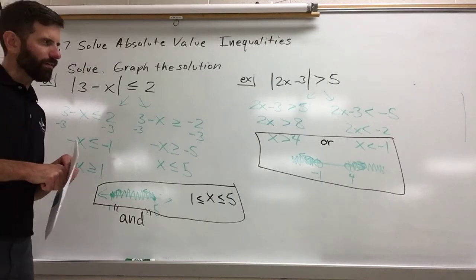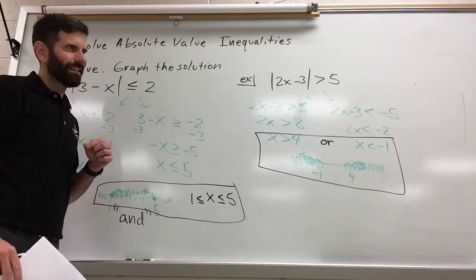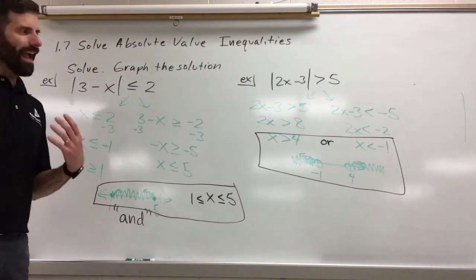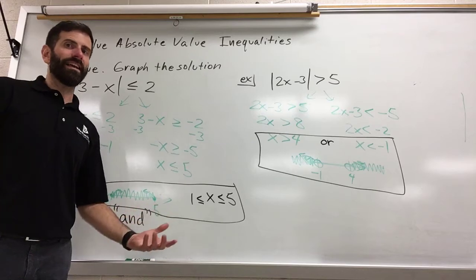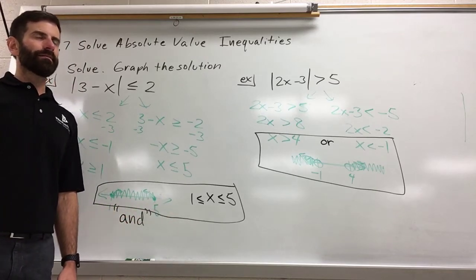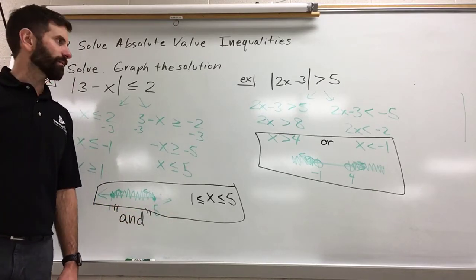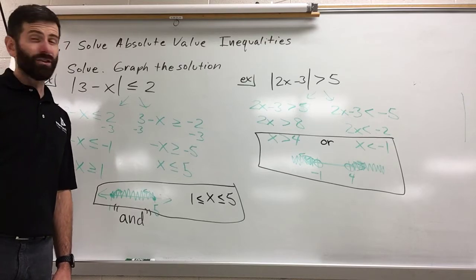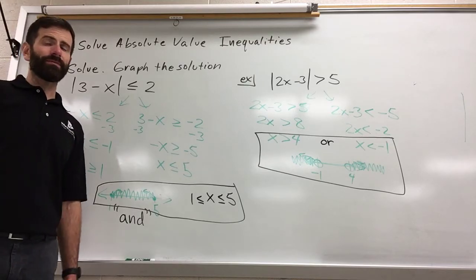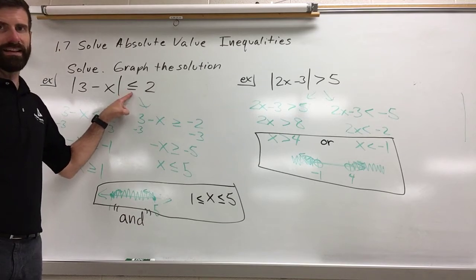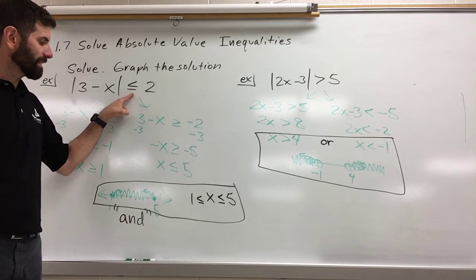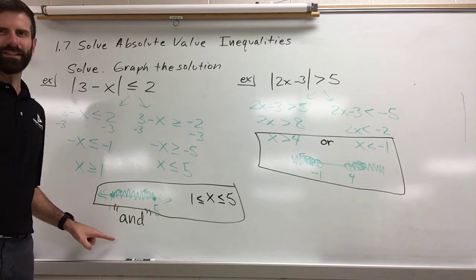Here's the thing, I'll let you in on a secret. I actually prefer it if you graph it and then decide if it's an "and" or an "or" problem. But I'll go ahead and share something with you. It turns out that when you have an absolute value inequality, if it starts out with a less than sign, less than or equal to, it's always going to be an "and" problem.